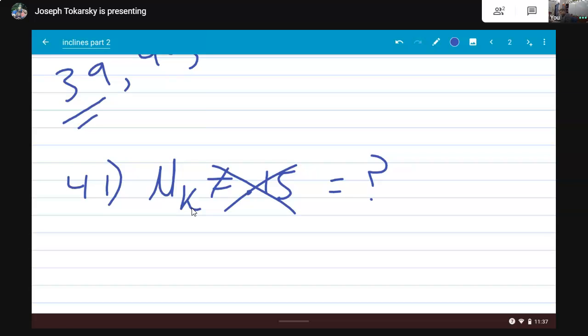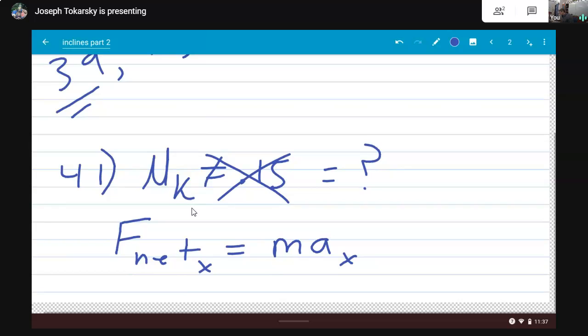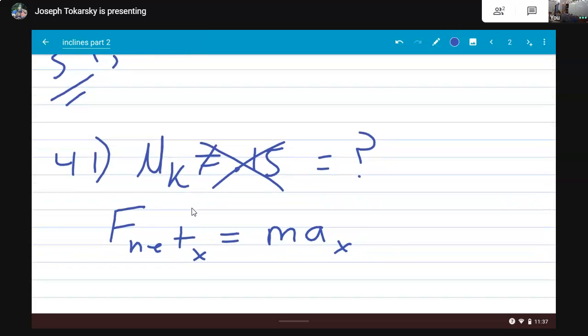But the big thing here is it says the net force now equals 0 because of the conditions set forth. So all the same forces are present. When you set up F net on the x-axis equals ma, the big thing here is, if we're going at a constant velocity now, that means the net force would be 0.